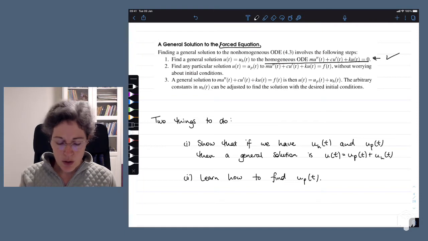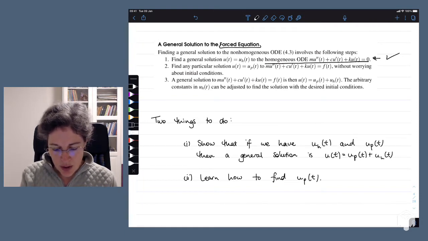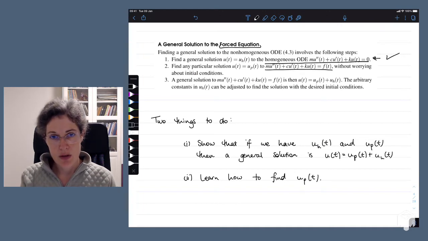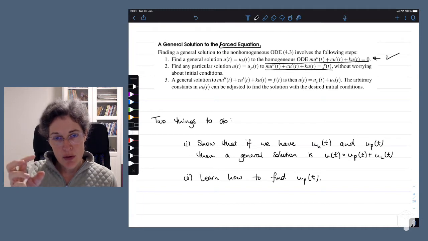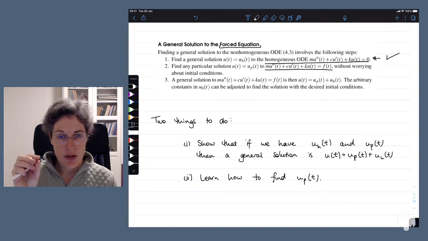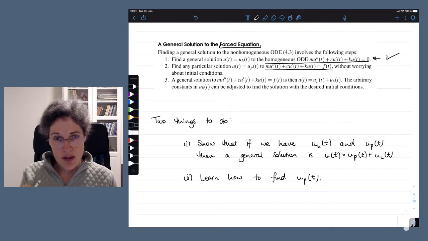The next thing that we're going to do is find one particular solution to the forced DE without thinking about initial conditions. Remember, a general solution is one that has the constants in it that enable you to solve for any initial conditions. But a particular solution is one that just works for this specific DE and can't be generalized to any initial conditions.